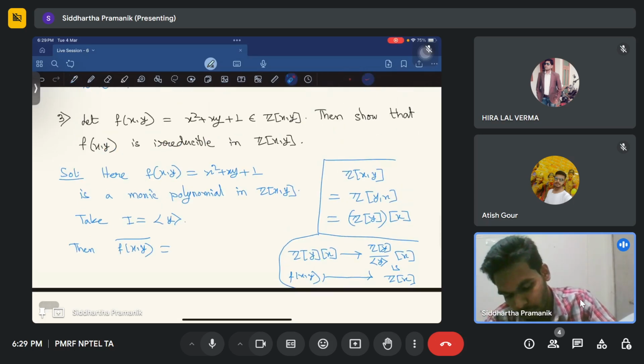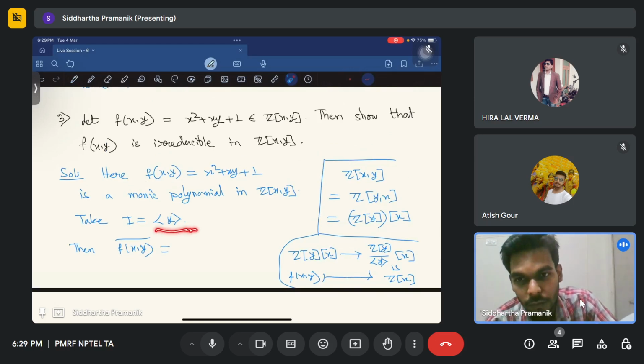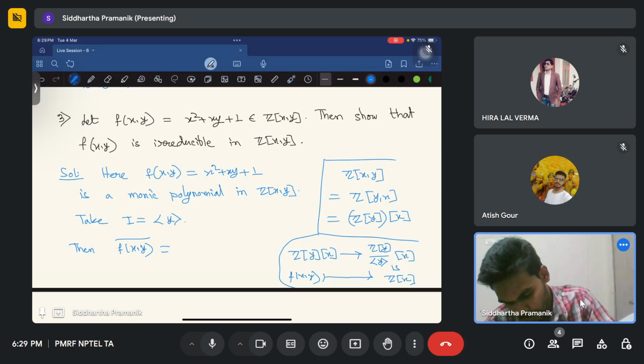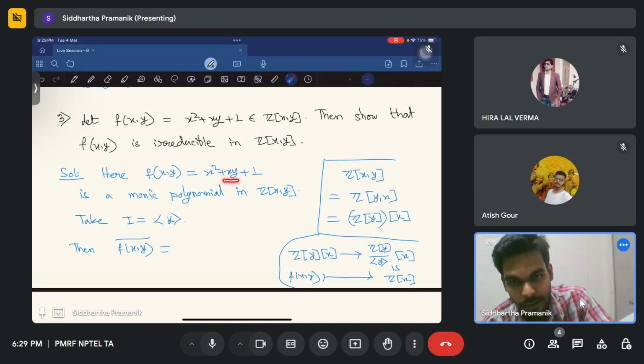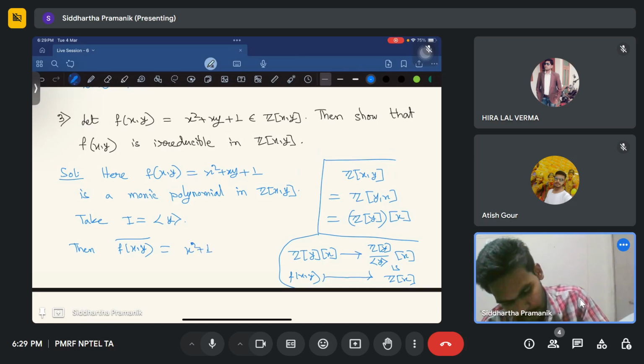We are just going modulo y, so just kill elements which involve y. The only element which involves y is xy. So it will be basically x squared plus 1, which is in Z[y]/(y)[x], and this is basically Z[x].